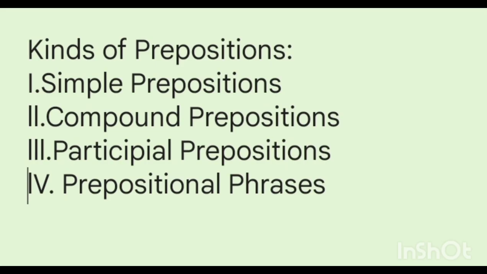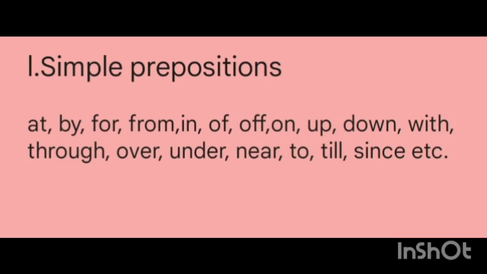Now let us learn the different kinds of prepositions. Number 1, simple prepositions. Number 2, compound prepositions. Number 3, participial prepositions. And number 4, prepositional phrases. The first one is simple prepositions.